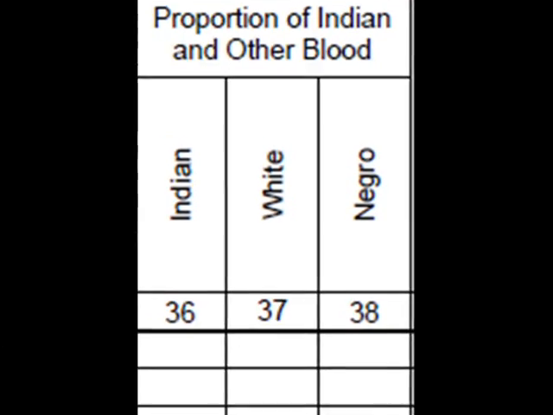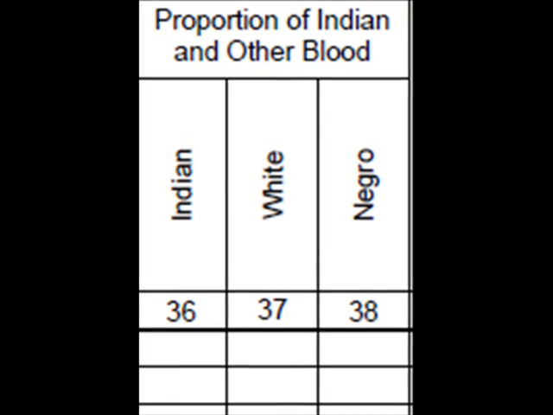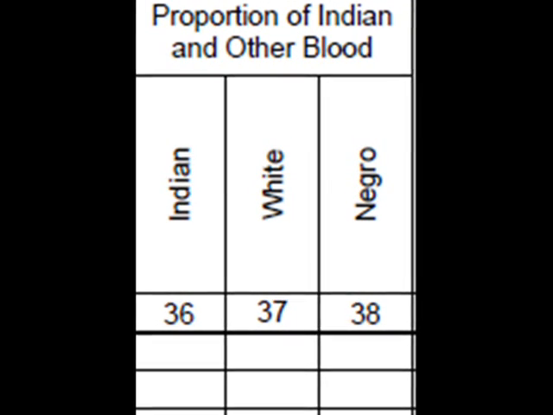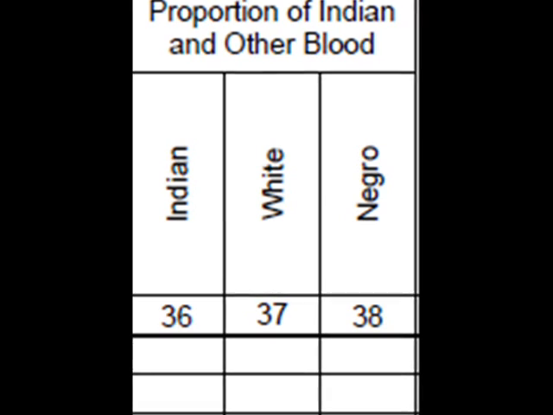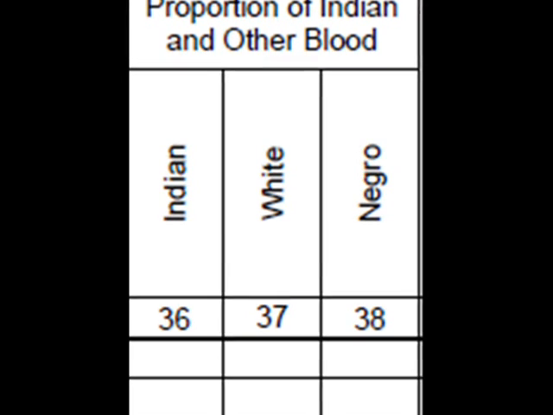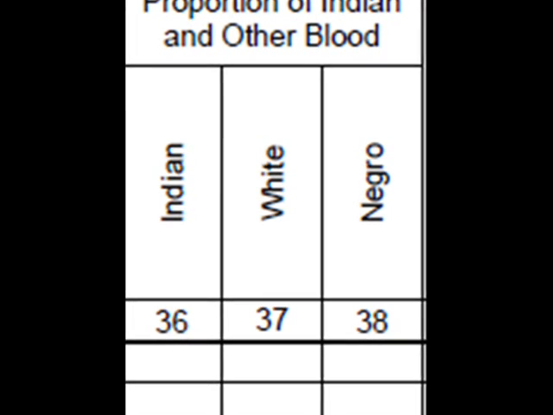Information was also asked about the proportion of Indian blood, and very clearly in the 1910 Special Census, it asked the person what percentage of Indian, white, or Negro blood they had.